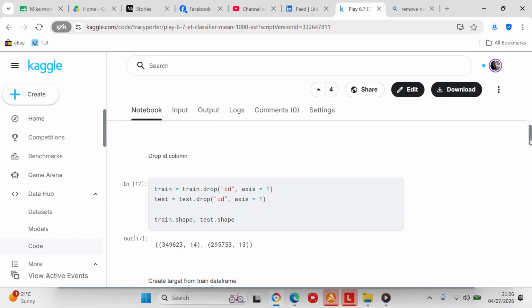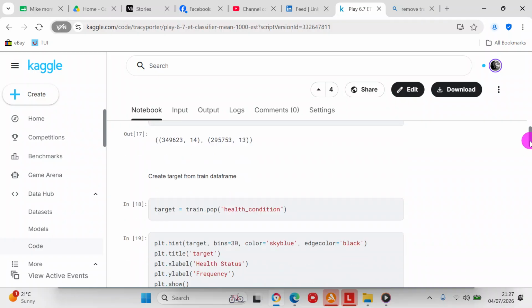So now we're going to drop the ID column. The reason we're going to drop the ID column is because Pandas automatically indexes every row of data, so you don't need the ID column. That's just redundant, and it might actually introduce noise into the model when you're training it.